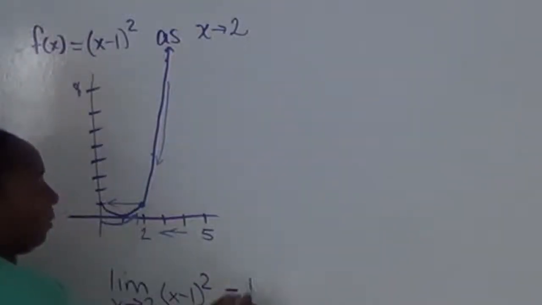As I get closer and closer to x equals 2, the y values are getting closer and closer to 1. So the limit as x goes to 2 of (x minus 1) squared is going to equal 1.